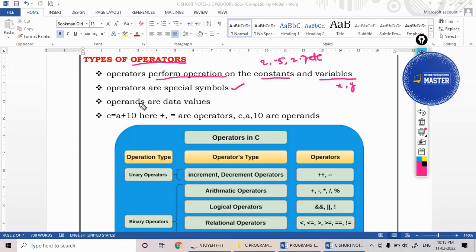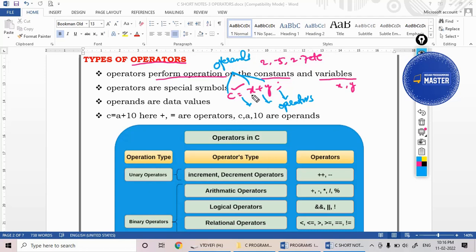And operands. If I write an expression like c equal to x plus y, here the equal, plus and semicolon are operators, whereas c, x and y are called operands.